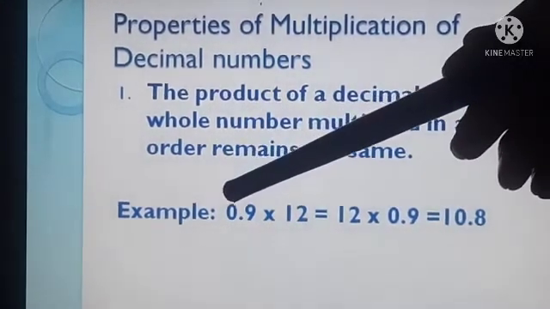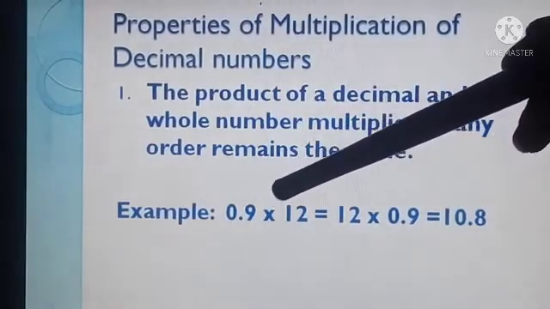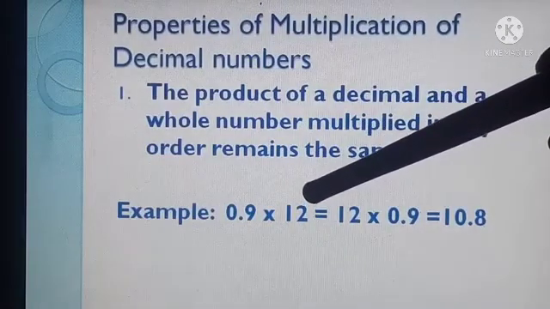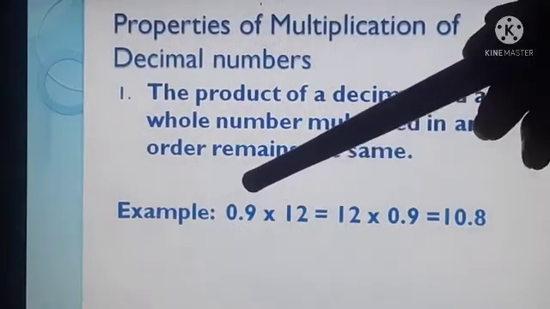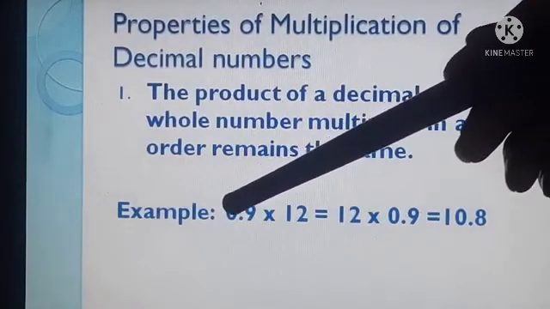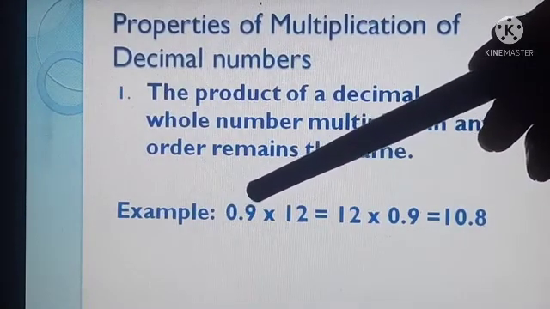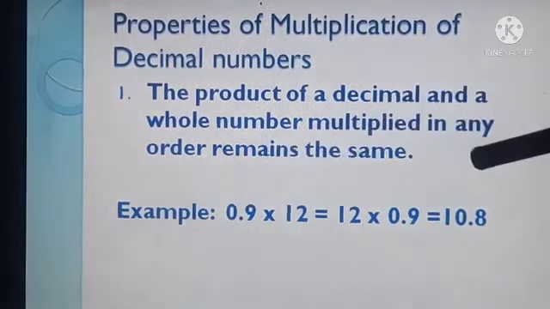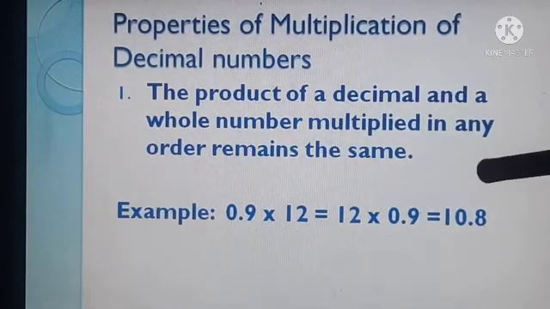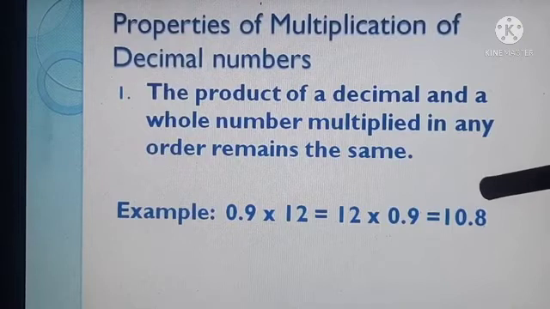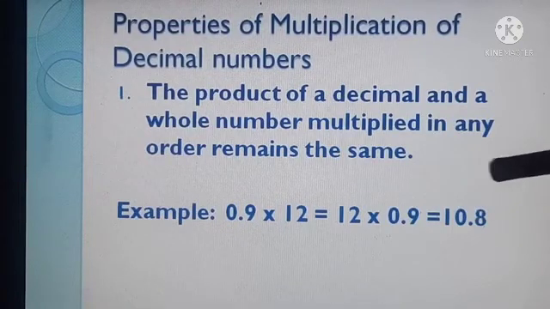See this example, 0.9 multiply by 12. 12 nines are 108 and after decimal one digit is there. So in our answer also 108 means after decimal we want one digit. So we will take here 10th place and then we will put decimal.